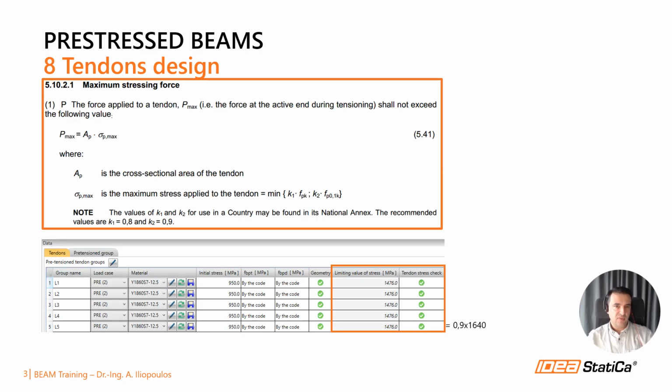After inputting these values, the application will check whether the inputted pre-stressing force doesn't exceed the limit which is defined in the code. When it does exceed the limit, we get a warning. In our case, it doesn't exceed, we get a green check mark.